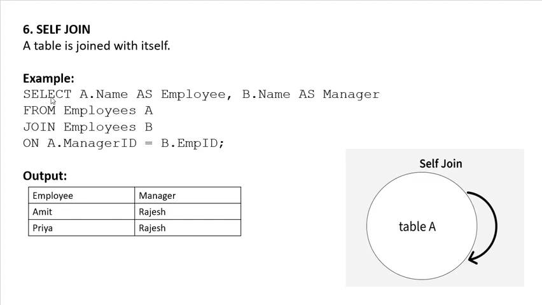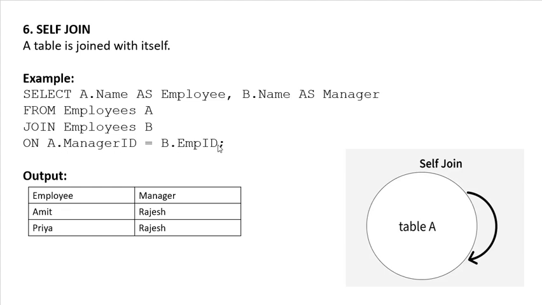As an example: SELECT A.name AS employee, B.name AS manager FROM employee A JOIN employee B ON A.manager_id = B.employee_id; So the output is employee and manager.